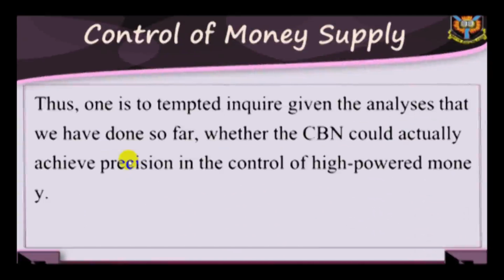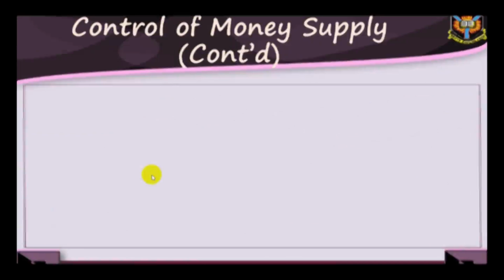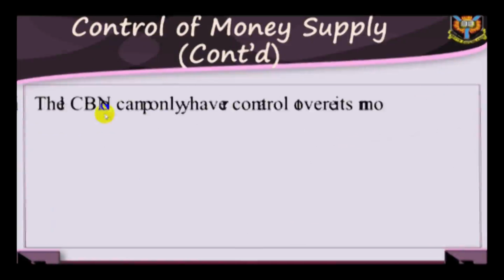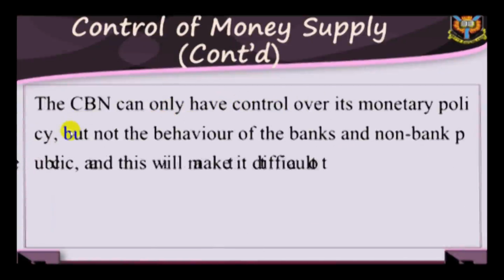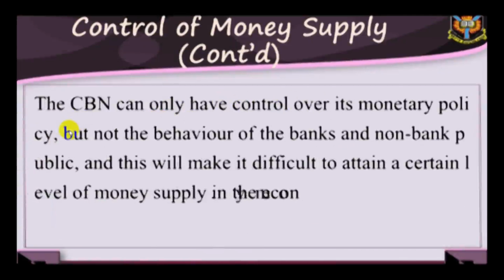Thus, one is tempted to inquire, given the analysis that we have done so far, whether the central bank will actually achieve precision in the control of high-powered money. That is, can the central bank actually set the money supply target based on the facts on the ground about the behavior of banks and the non-bank public?